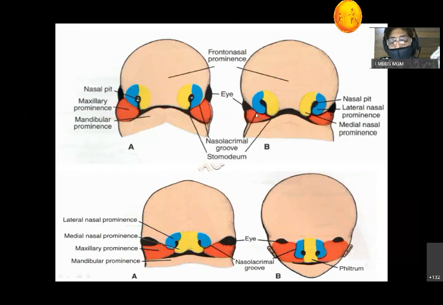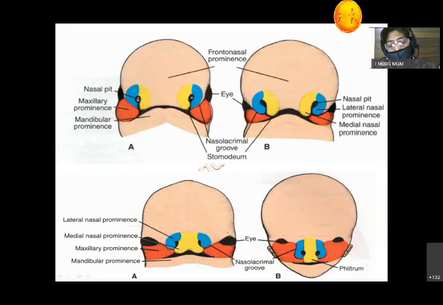The growth of the maxillary process still continues, it fuses with the medial nasal process also, and thus the stomatodeum is separated from the nasal cavities. So external nares come close together for two reasons. One is growth of the maxillary process, and second is narrowing of the frontonasal process.